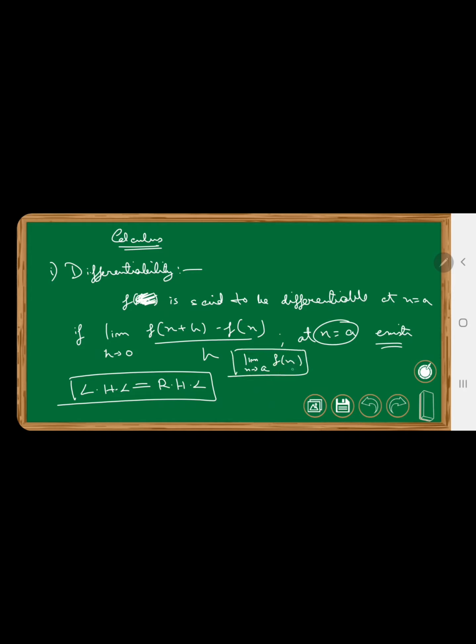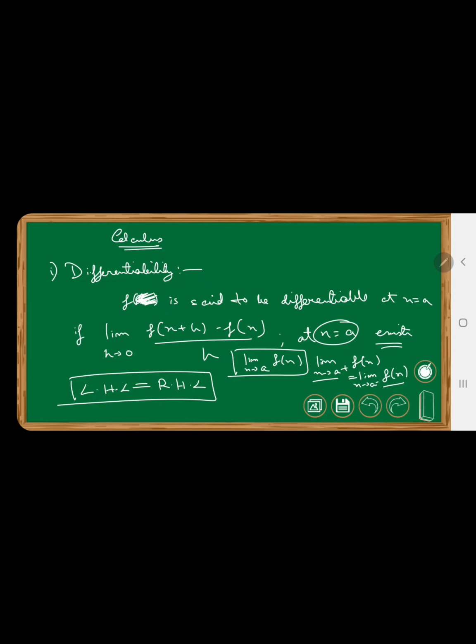For this limit to exist, limit x tends to a plus f(x) must equal limit x tends to a minus f(x). This is called the right hand limit, this is called the left hand limit. Okay, clear? So this was just the basic definition about differentiability.